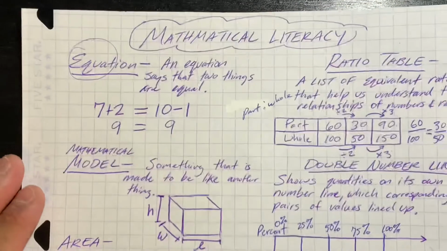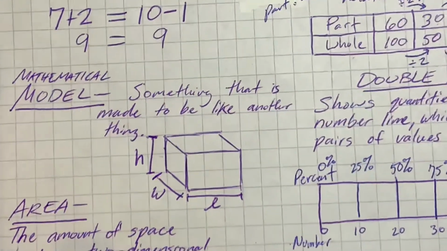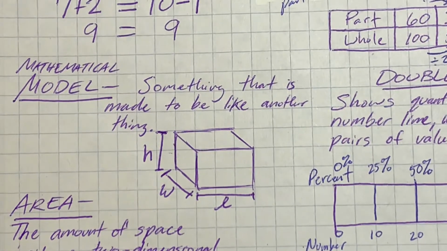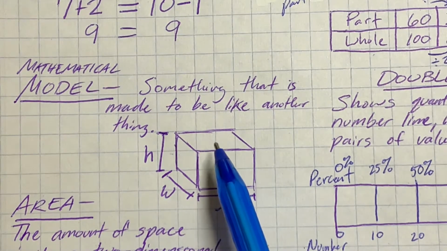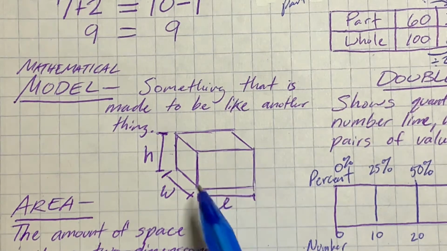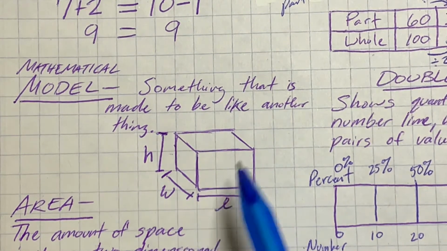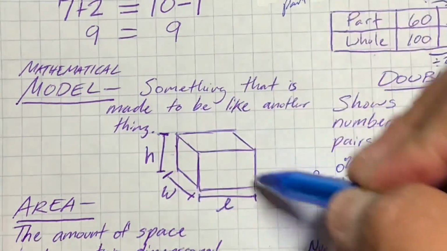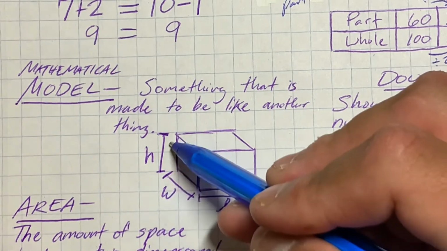With mathematical models, we think of diagrams and pictures. A model is something that we make, something made to look like another thing. In this case, we have a three-dimensional box, in other words, a cube. One dimension is your length, another is your width, and another is your height.